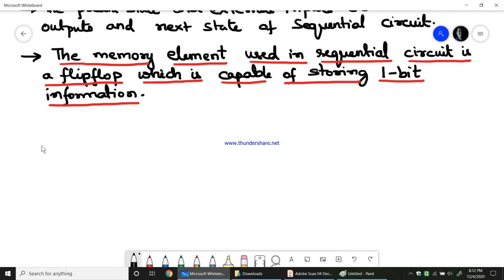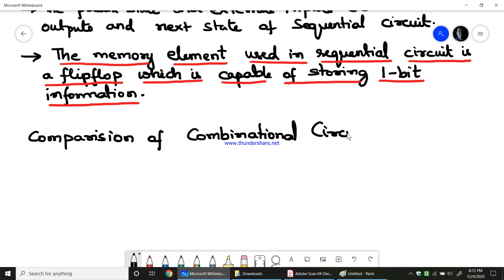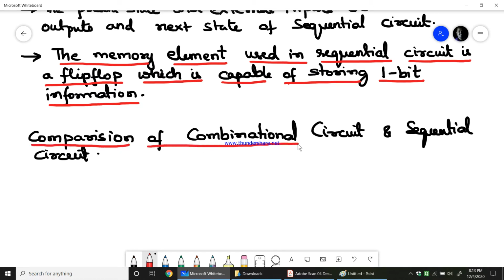Now let us look into the comparison of combinational circuit and sequential circuit. Let us write the differences between them.